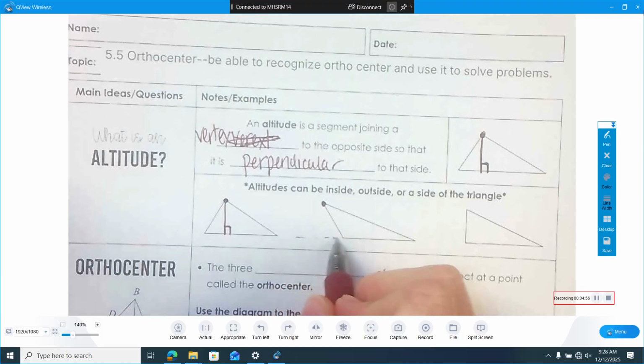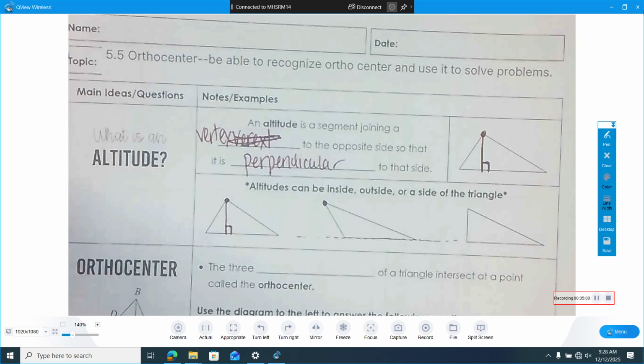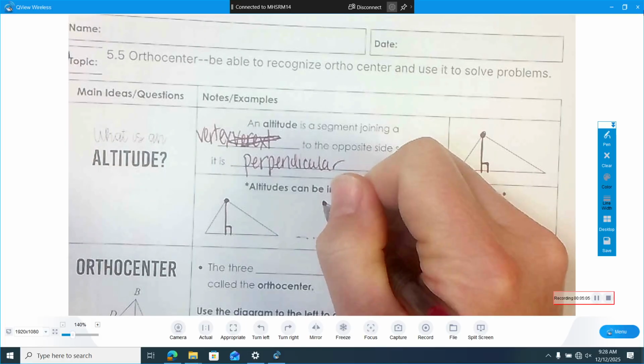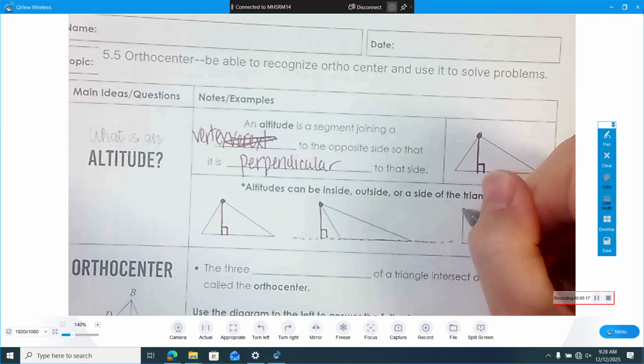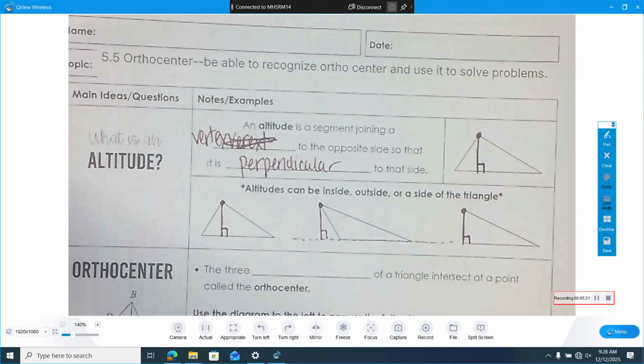So what we do is just extend the opposite side of our triangle. And now we can drop our altitude, and it turns out we drop it down perpendicular, and it falls outside that triangle. And sometimes we have a right triangle, and the altitude happens to be the side of the triangle. So it just depends on the shape of your triangle how that altitude happens to look, okay?